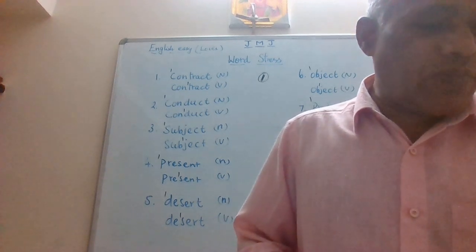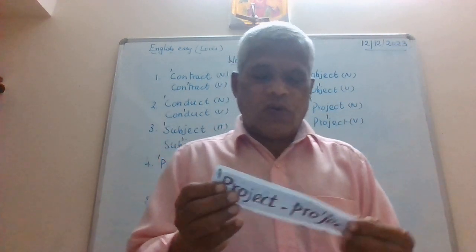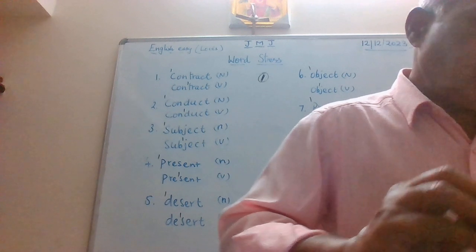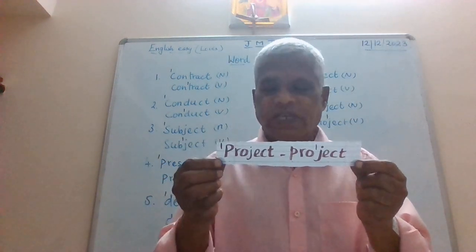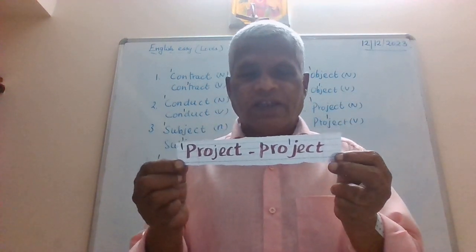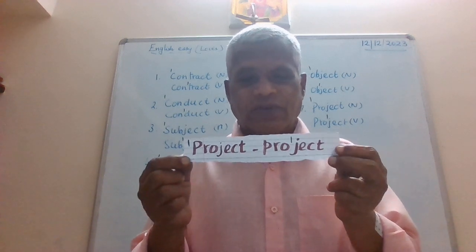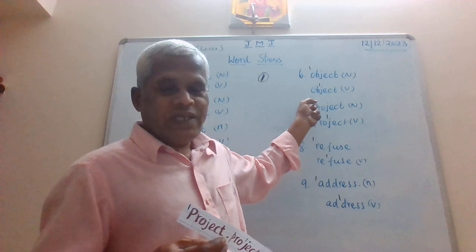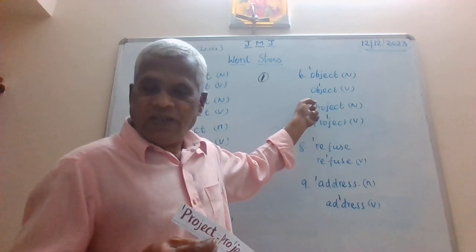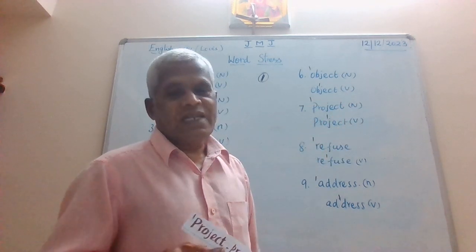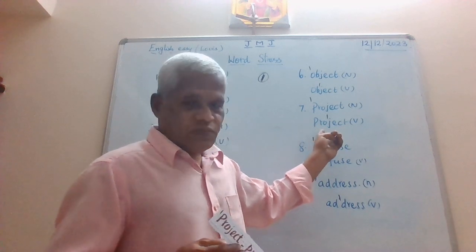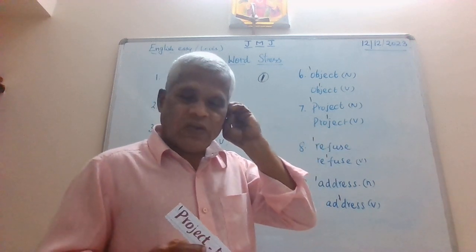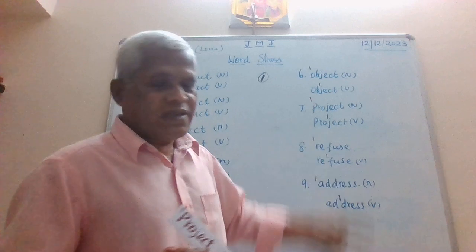Similarly, you have another pair, what is known as project. See, that's what I have written here. When you say project, the stress is on the first syllable, it's a noun. And project is a verb, you can call it. What is project?